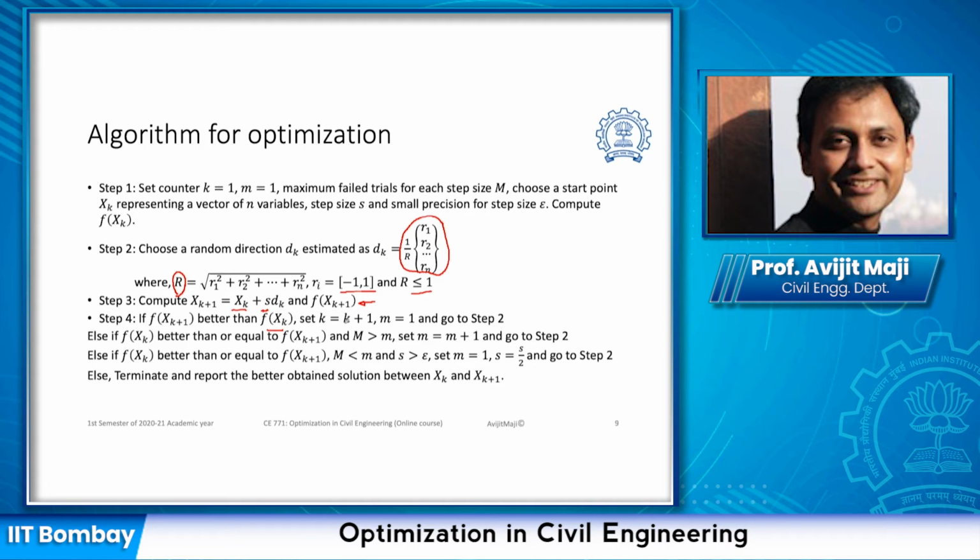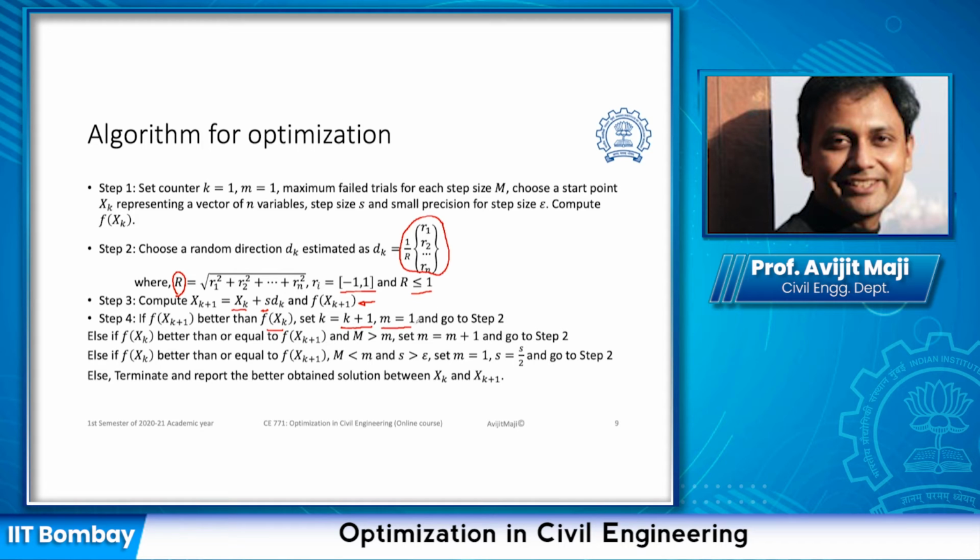If we find that the new point is better, then it is good, we need to increase the counter k by 1 and move to step 2 to find a new direction for a new location. And as we go there, we need to set m equal to 1.